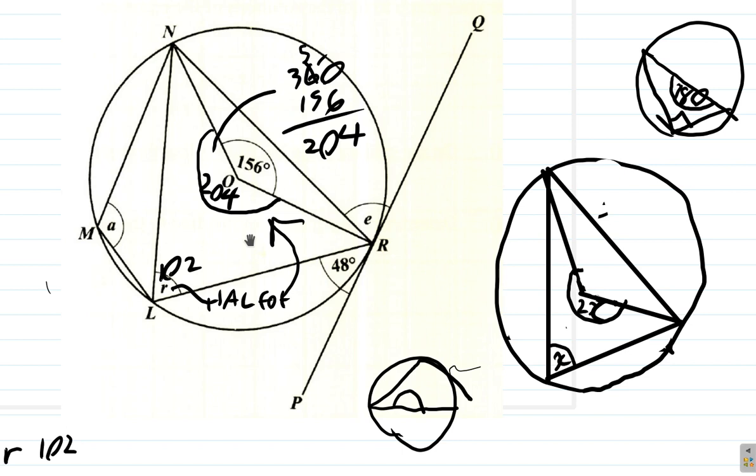Because 204 is the angle that lies on chord RN at the center, and R lies on the same chord at the circumference in the same segment. So what you have there would be half of it, 102 degrees. Alright? So that's my reasoning there.